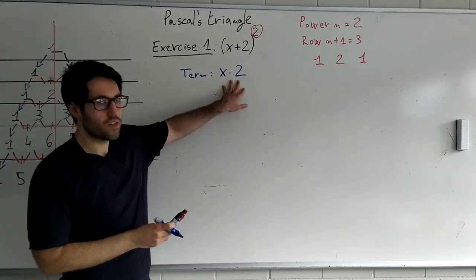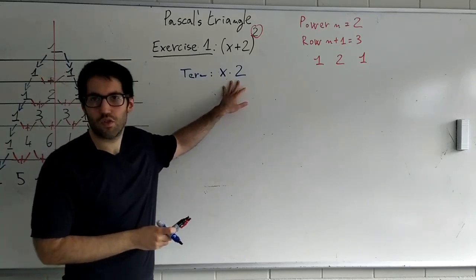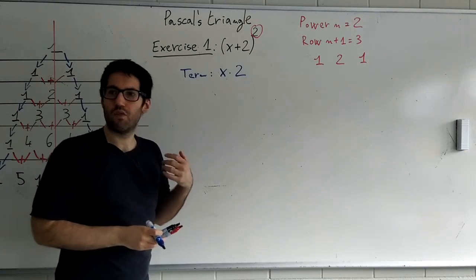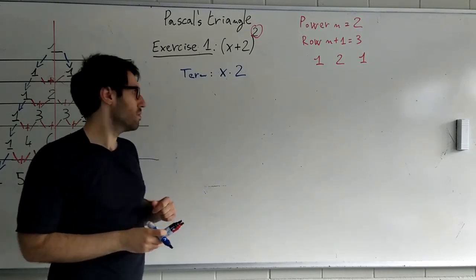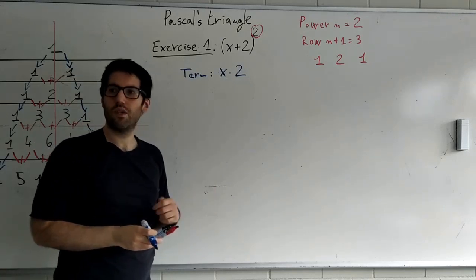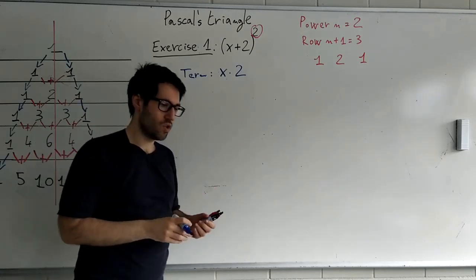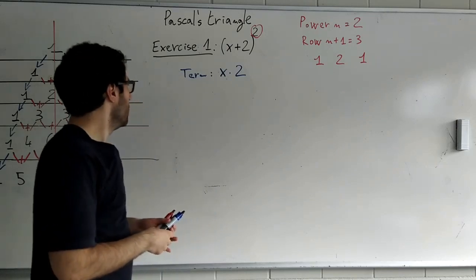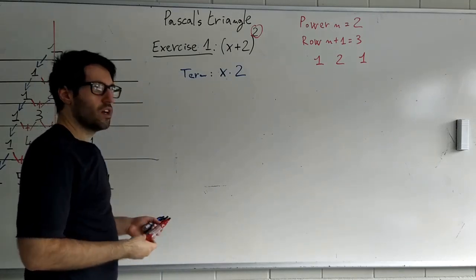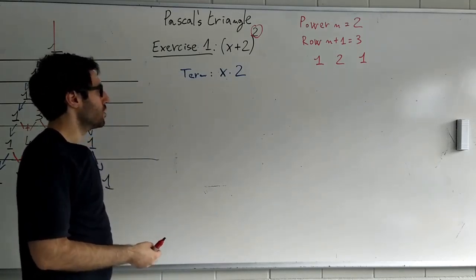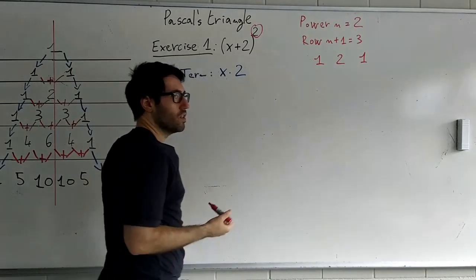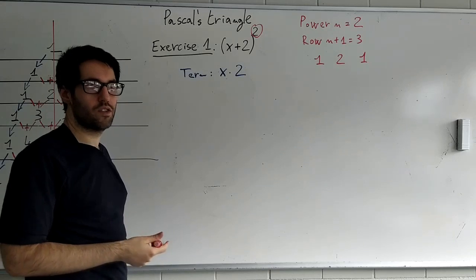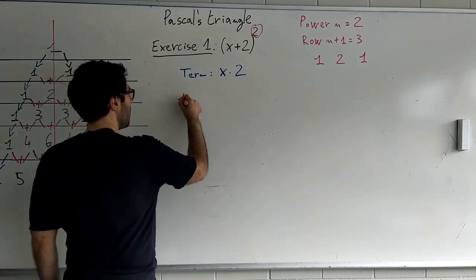And I know you are tempted to write this as 2x, which is not wrong. But for this exercise, bear with me. We're going to keep them separated because we need to reason a bit on the powers each term is going to get. So, alright, let us calculate the first term of the expansion. We take the first element of the third row of Pascal's triangle, which is going to multiply the coefficients.